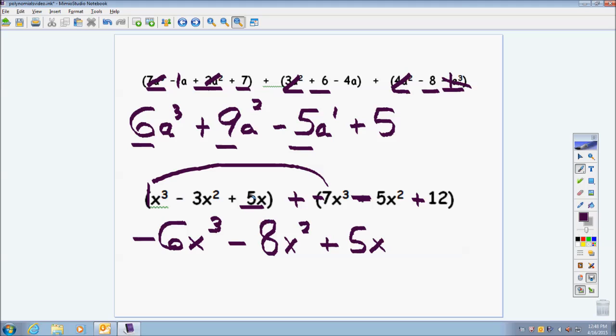And there's no constant here, so I'm going to take really the 0 constant and then add 12 to it and get 12. And that, ladies and gentlemen, is subtracting polynomials. And even subtracting can become an addition problem if you do it that way. Change it to a plus sign and then change all the signs afterwards if you want to. And there's your answer.